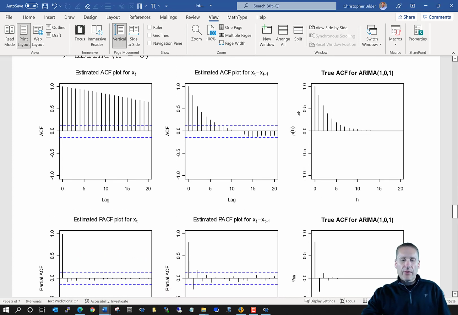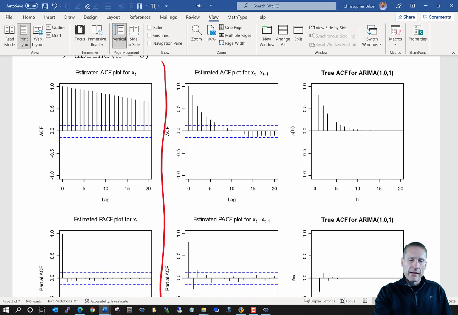So we can see from this plot, again, we're just going to look at the first column. Here's my estimated ACF. Notice I have very, very large autocorrelations. This corresponds to what we've seen in past notes. When one has non-stationarity in the mean, you have large autocorrelations that take a long, long time to go down.